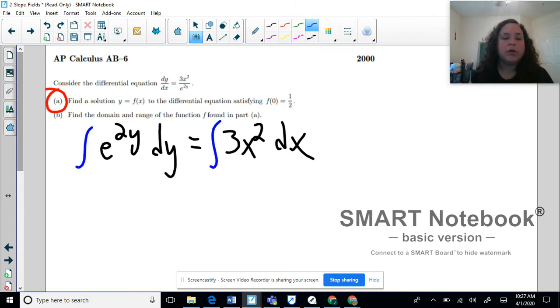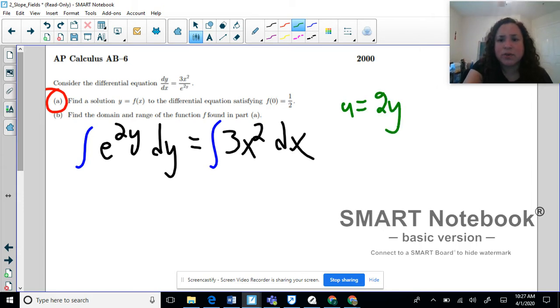The integral on the left, e to the 2y dy, requires u substitution. The integral of e to the x dx normally equals e to the x, but here in the exponent we have 2y, which is more than just x. So we let u equal 2y.